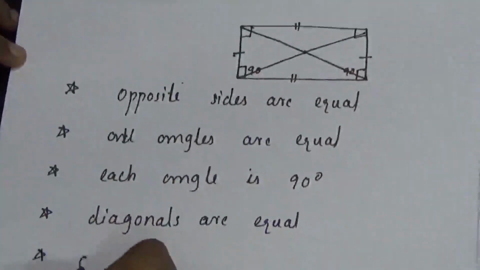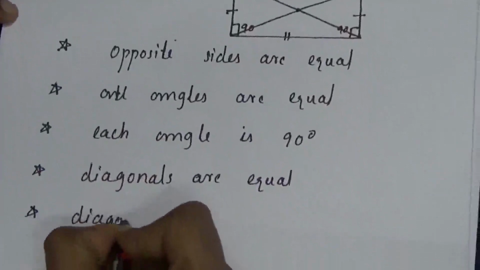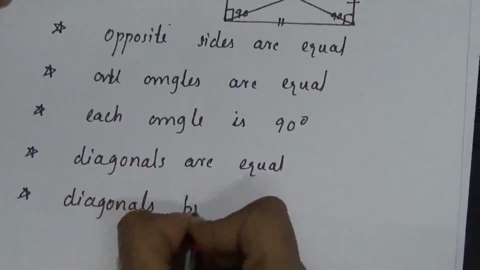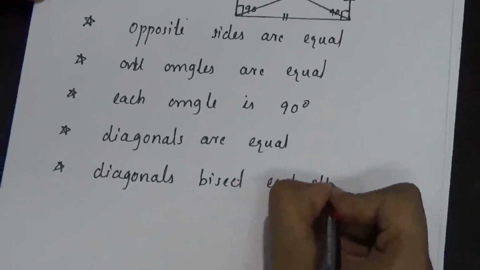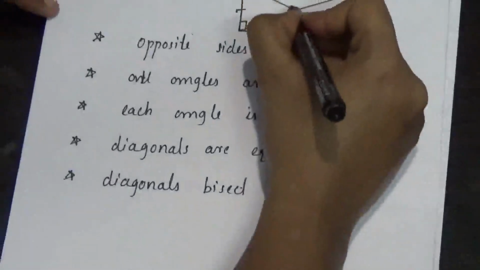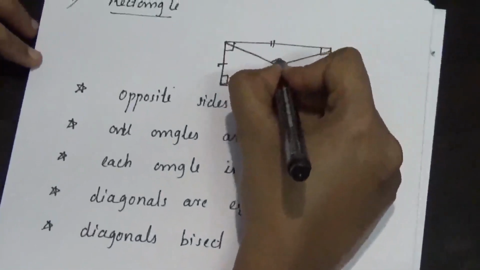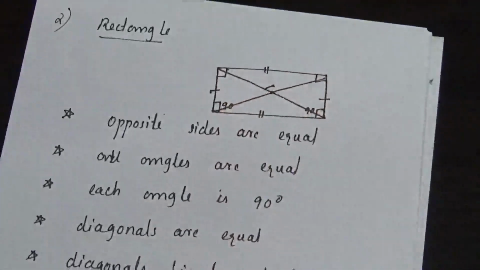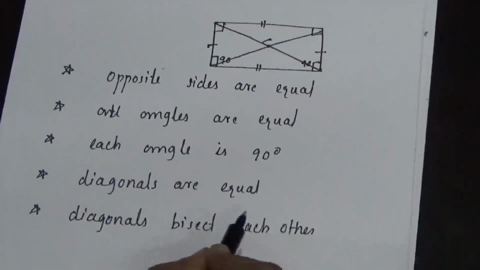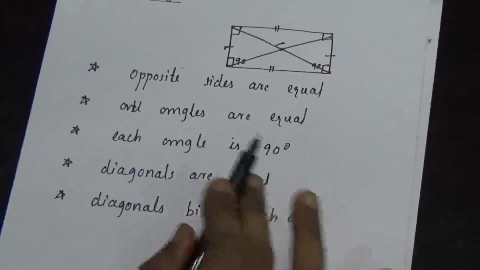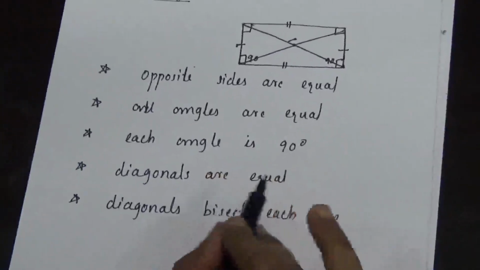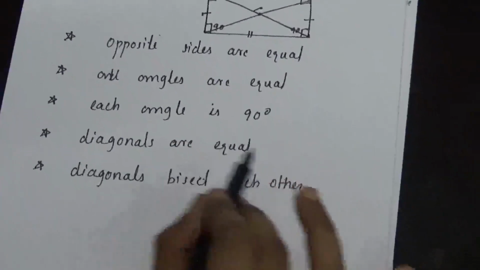So diagonals bisect each other. But this angle is not equal to 90 degrees, so we cannot say diagonals are perpendicular bisectors. So just write diagonals bisect each other.